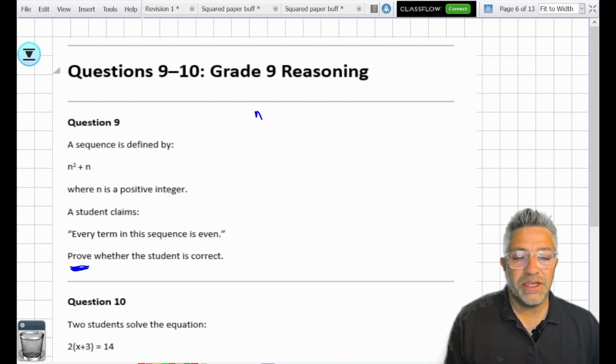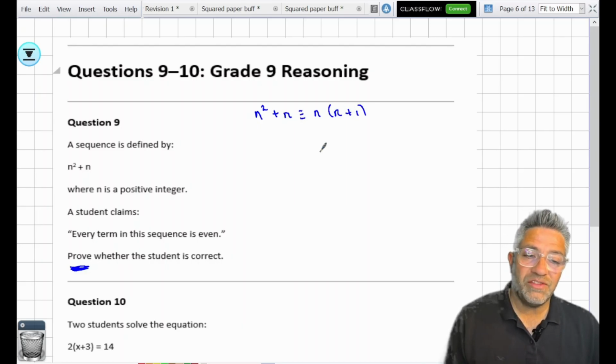Now, the first thing I'm going to do, and I suppose it's experience that tells me this, is factorize that initial expression. And that gives me n multiplied by n plus 1. Well, n multiplied by n plus 1 will be multiplying two consecutive numbers.